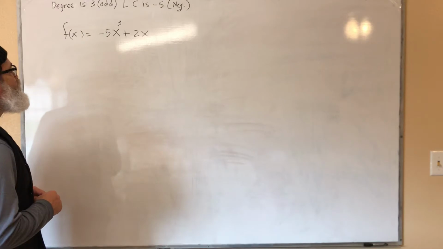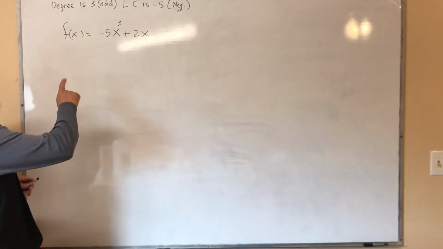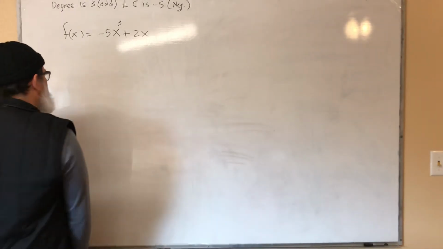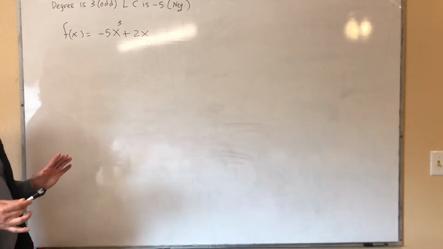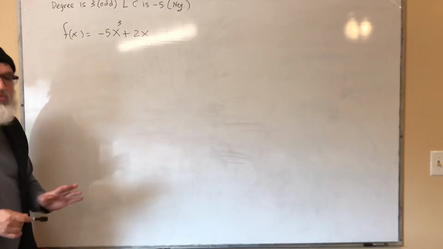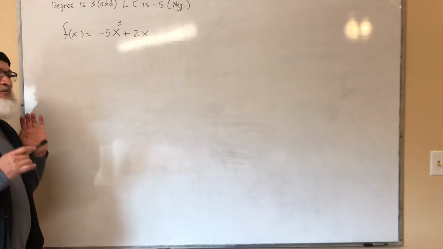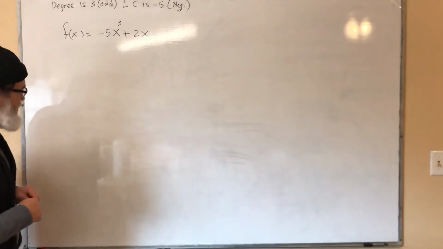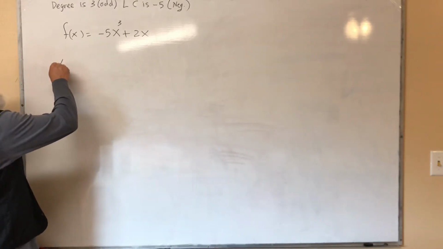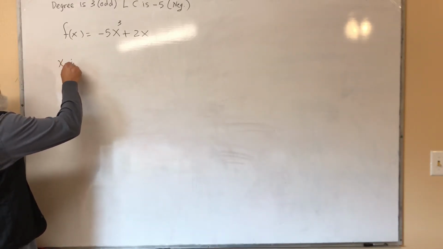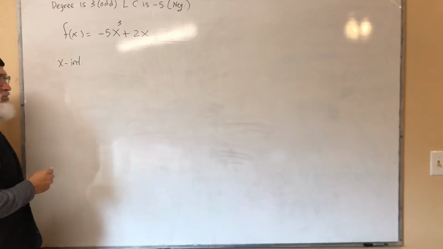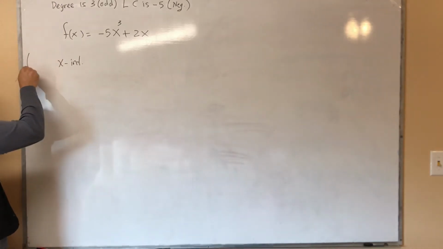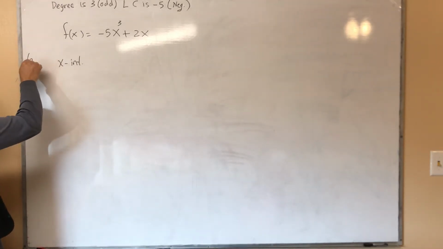So this function falls to the right, rises left. We can find the zeros, which are the x-intercepts. Find the x-intercepts, also called zeros.